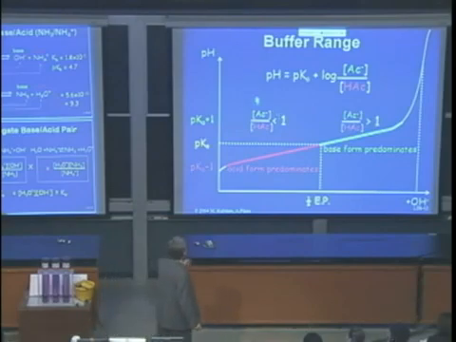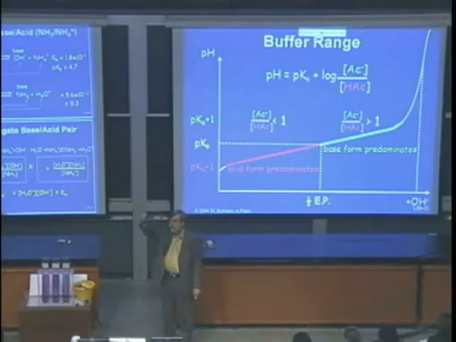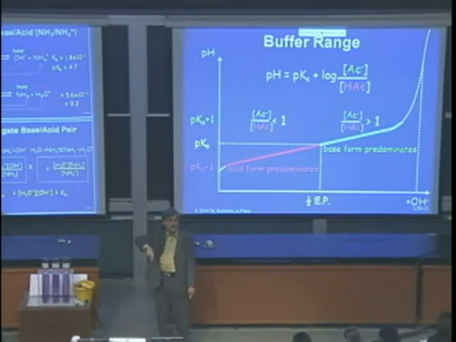So the pH of a buffer depends on the pKa or the pKb of your acid or base. You can also take a weak base, and take its conjugate acid, and then pKb plus and minus 1 would be the useful range of the buffer, okay?